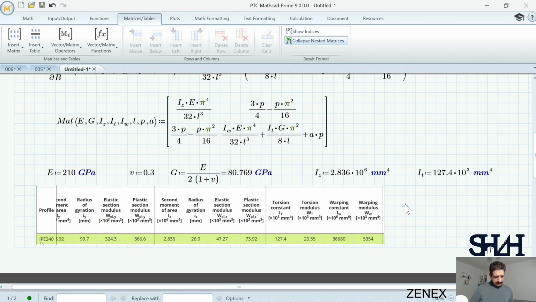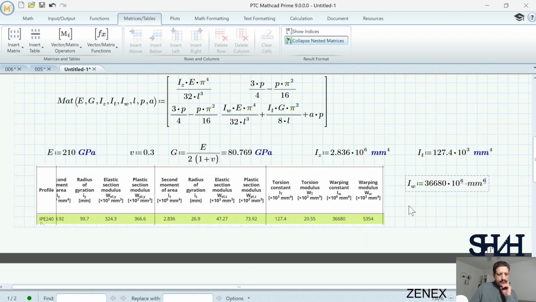What else? Warping constant 3668 0 times 10 to the power 6 millimeter to the power 6.